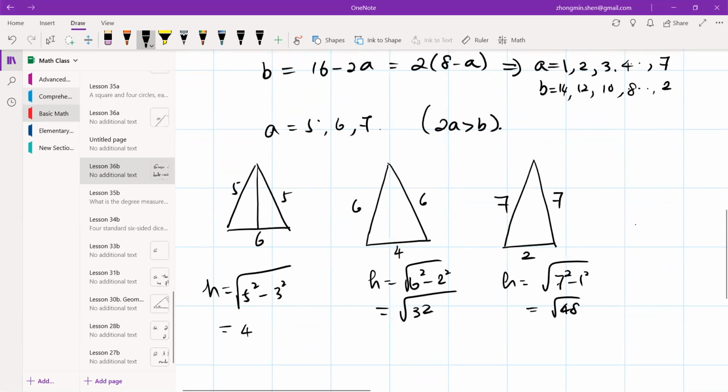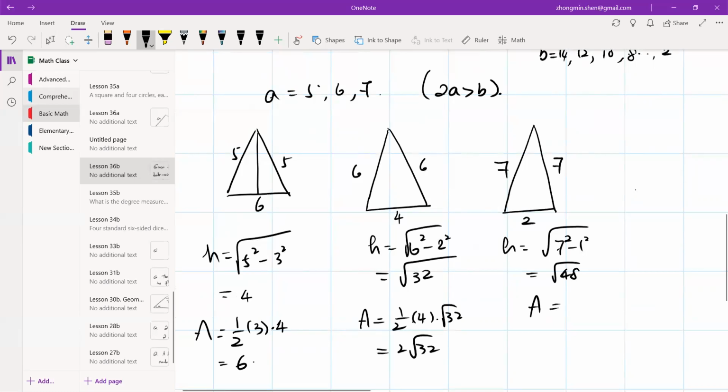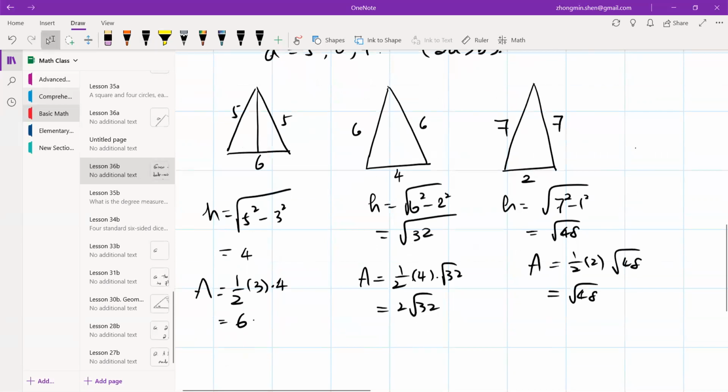Why don't I want to multiply this out? Because I want to compare which one has the largest area. So here's base times height. The height is 4, so this is going to be 6, right? And this one is base times height, that's twice the square root of 32. And this one is base times height, the square root of 48, and that is a pretty small number.